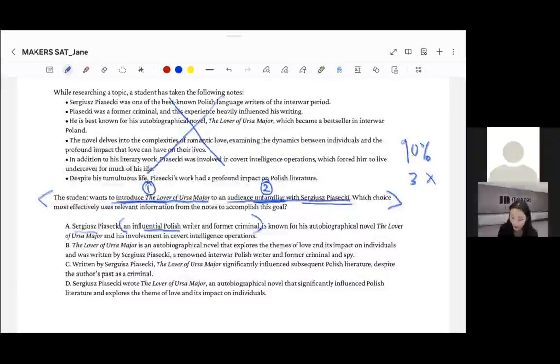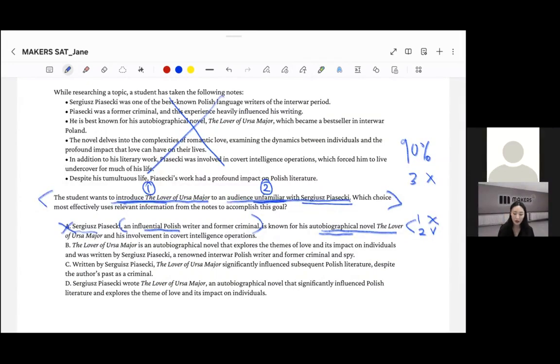So 2 is done, but the book is only mentioned as an autobiographical novel and what he is known for. So this book isn't properly introduced on its own, meaning that point 1 hasn't been accurately addressed, making A incorrect.